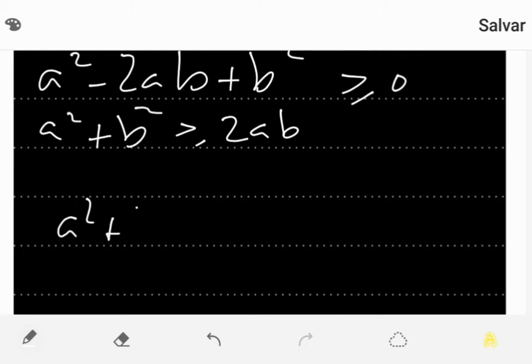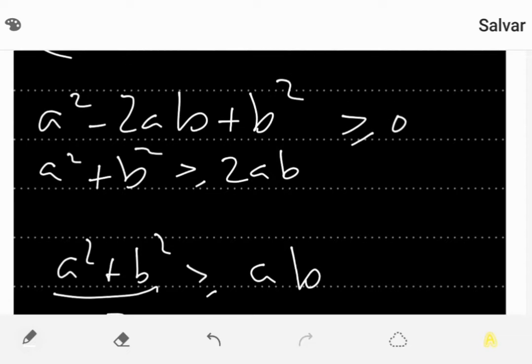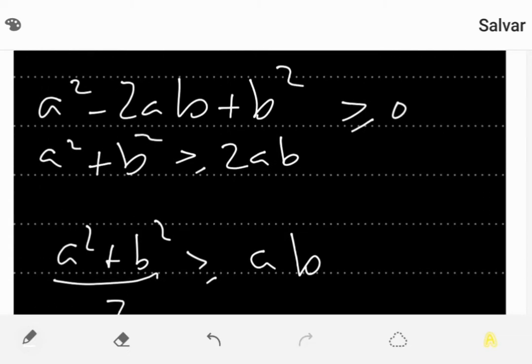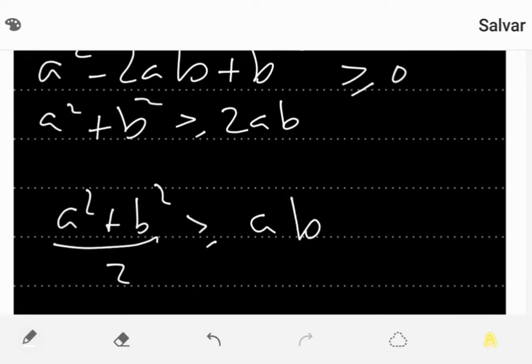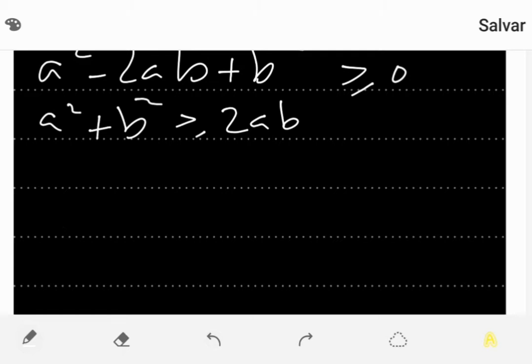So A squared plus B squared divided by 2 is bigger or equal to AB, and now in this part over here, let's add 2AB to both sides, okay?